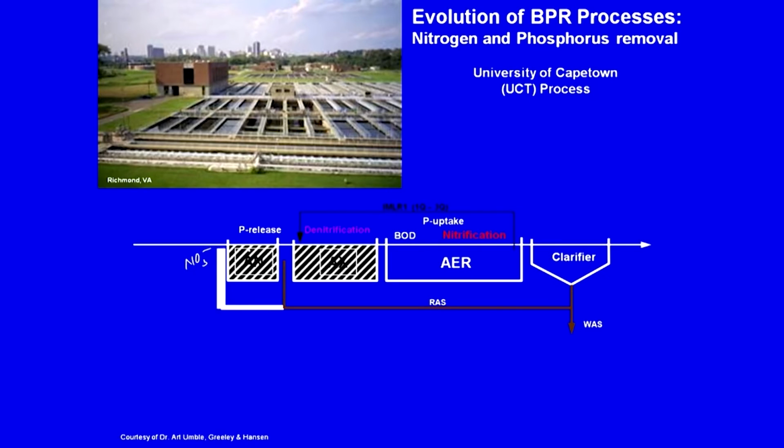So, let us see what they are doing. They are saying that okay, I won't recycle it before the anaerobic tank, but I will recycle it just before the anoxic tank. So, this way the nitrates are not coming in contact with your anaerobic phase, but they are directly going into your anoxic tank, right.